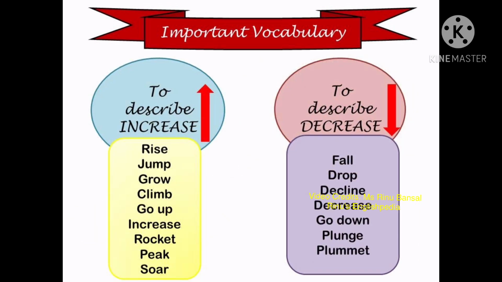Words like rise, jump, grow, climb, go up, increase, rocket, peak, or soar help to describe the increasing trends, and words like fall, drop, decline, decrease, go down, plunge, plummet help to describe the decreasing trends.